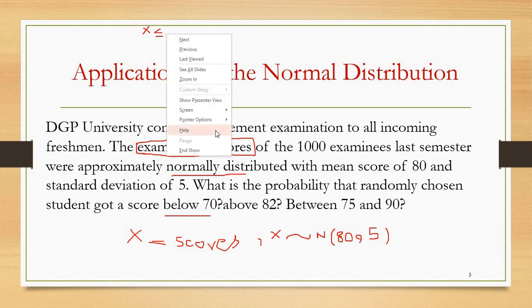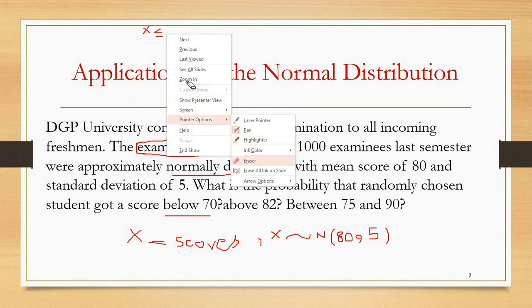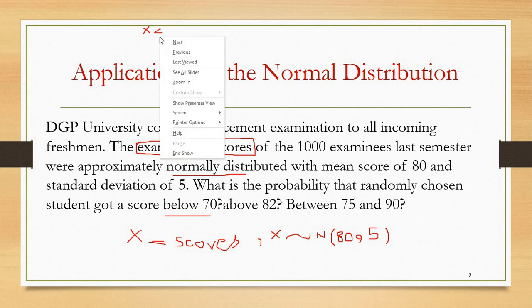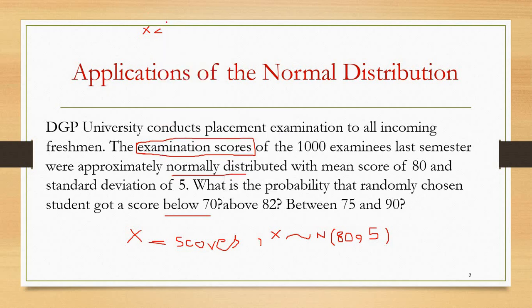You can simply write it as less than, as it's a continuous probability distribution, so it gives us the same meaning. So this is 70. So you have to find out this probability, x less than 70, for the first case.